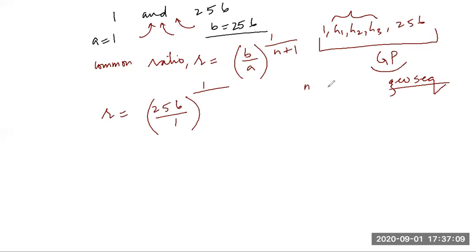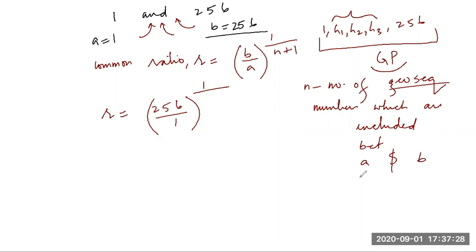What is n? N is the number of numbers which are to be inserted or included between A and B. N is not the total number of terms in the resulting GP.